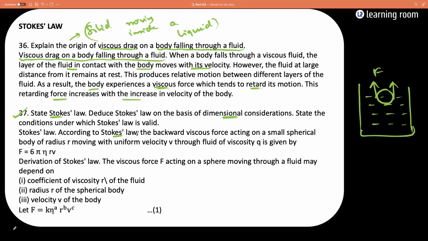Here, this Stokes' law is applicable only for a spherical body, and that too, the size of the object is supposed to be small. So according to Stokes' law, the backward viscous force acting on a small spherical body of radius r moving with a uniform velocity v through a fluid of viscosity eta is given by F is equal to 6 pi eta r v.